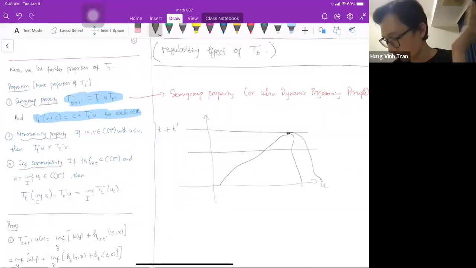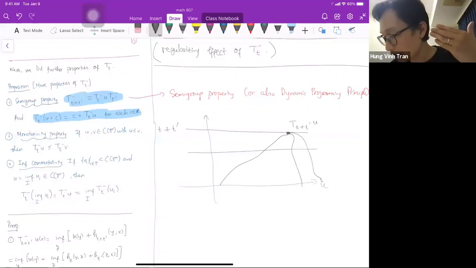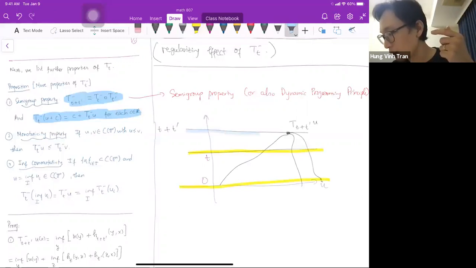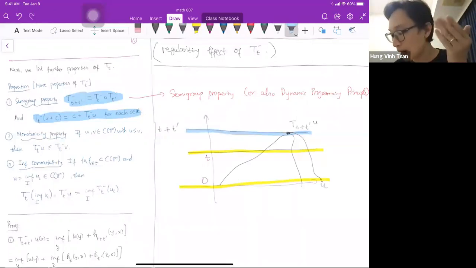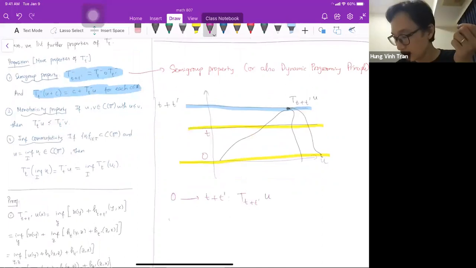So if you go straightly, you have T_{t plus t prime} of u, okay? But on the other hand, you can decide, instead of going directly to the time t plus t prime, to go in two steps, right? You go from time 0 first to time t, and then from time t, you go to t plus t prime, right?